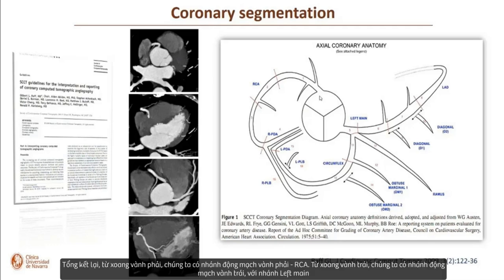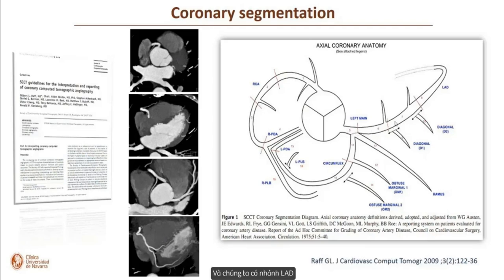Anyway, from the right coronary sinus we've got the RCA. From the left coronary sinus we've got the left coronary artery with the left main stem. And then we've got the LAD, the circumflex, and in 15% of individuals, the intermediate branch.